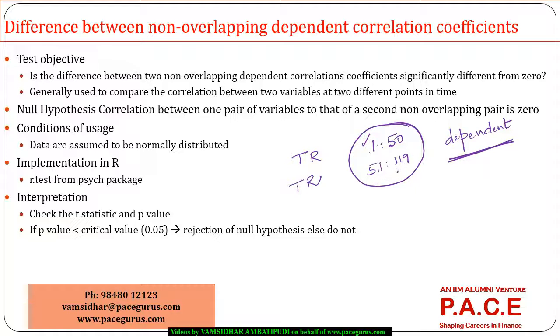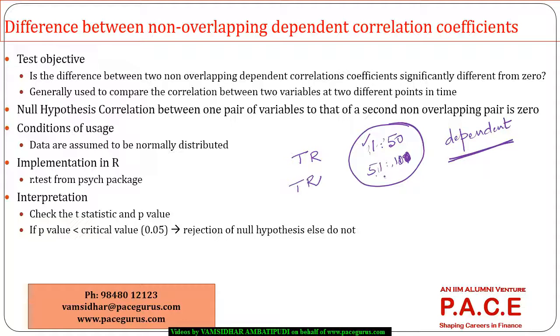So when they are dependent, it's better to go with this particular function. In that case, it's always better that I go with exactly the same size. So I look at 51 to 100 and 1 to 50, wherein I'm seeing there is some level of dependency between 1 and 51, 2 and 52, 3 and 53, something like that. When I assume that they are independent, I could have directly gone with the paired.r which I have used earlier.